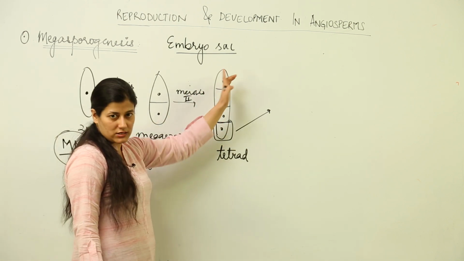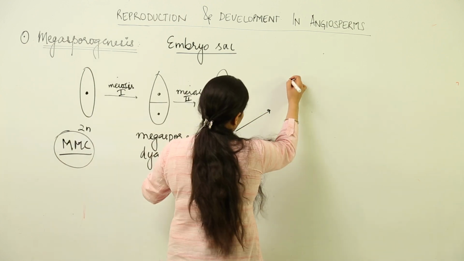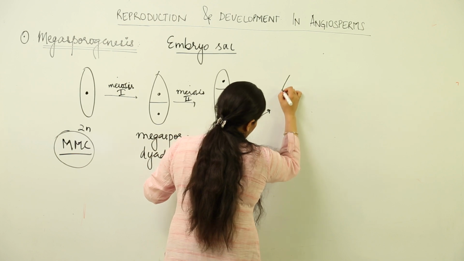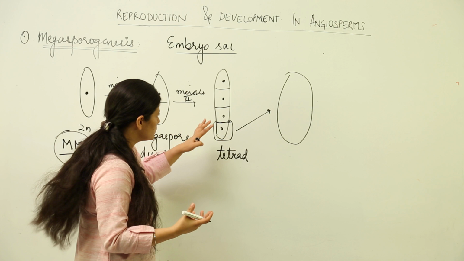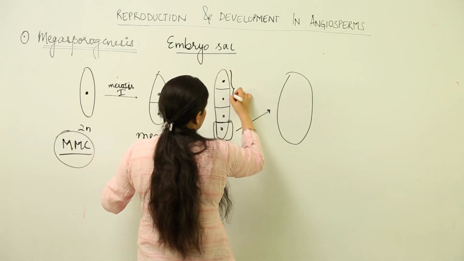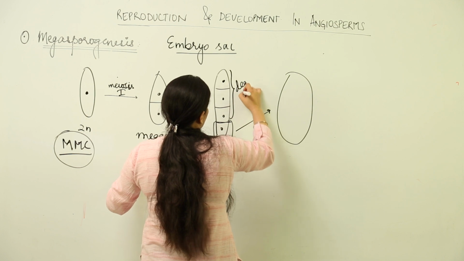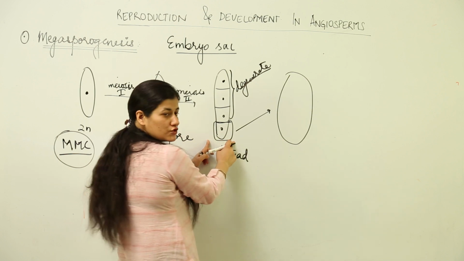Now, one of these 4 is going to undergo the following divisions. What are the divisions that are going to take place? First of all, this cell is going to increase in size. It is going to take the nutrition from these cells. These are going to degenerate. So, they degenerate. This one is remaining.